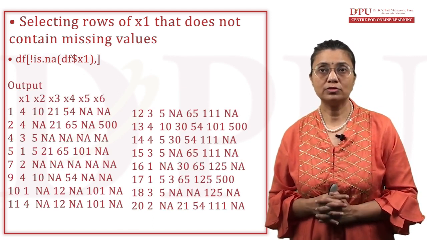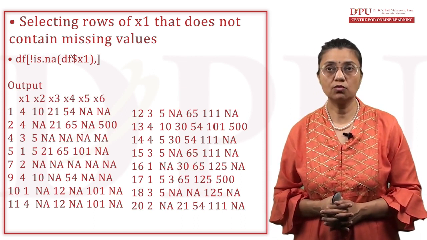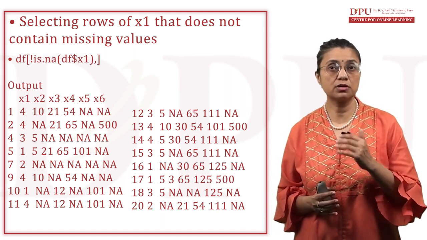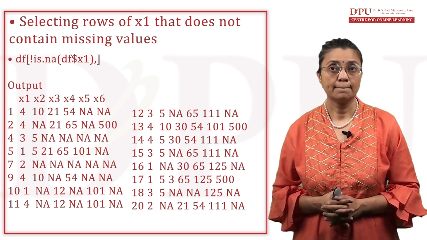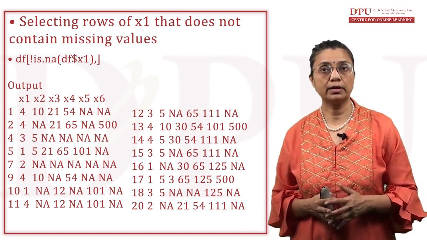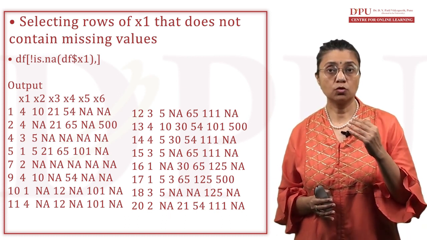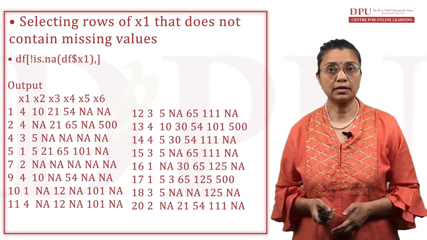In this output, you will see that I have all the values, but if we have a closer look, we will come to know that row number 3 is missing, row number 6 is missing, row number 8 is missing, likewise row number 19 is also missing. Why are those values missing?